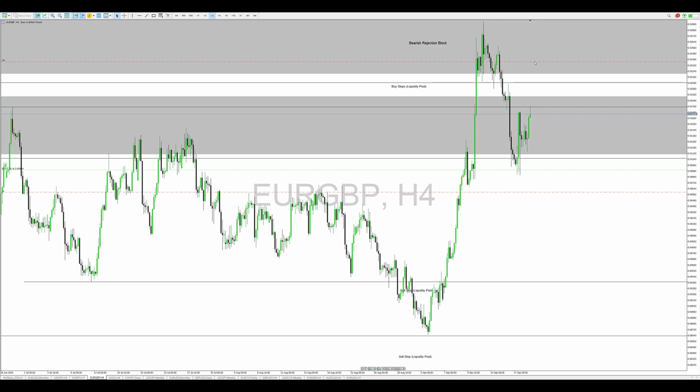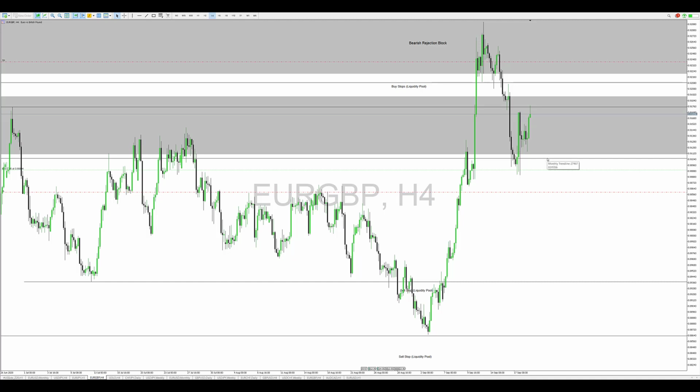I'm expecting price to reach at least 0.92400 on Euro GBP. I expect the euro to gain a bit, and the British pound to take a bit of a hit. So this is the trade that I'm currently holding, Euro GBP long position.